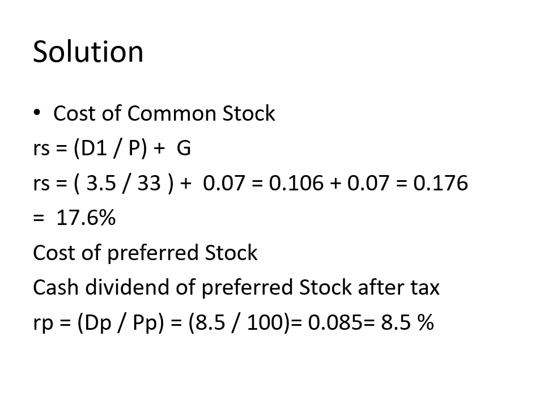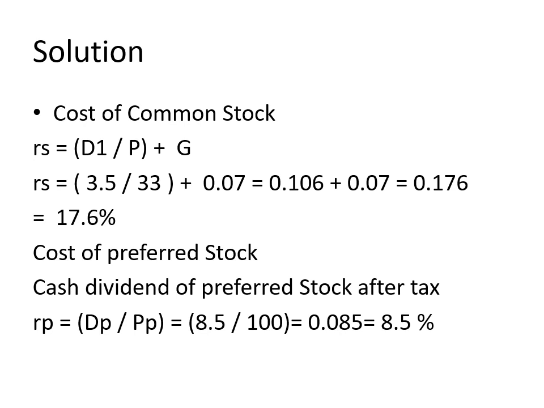RS equals 3.5, because the dividend on each share is 3.5, over the price of 33, plus the growth rate of 7%, which means that the cost of common stock will be equal to 17.6%.